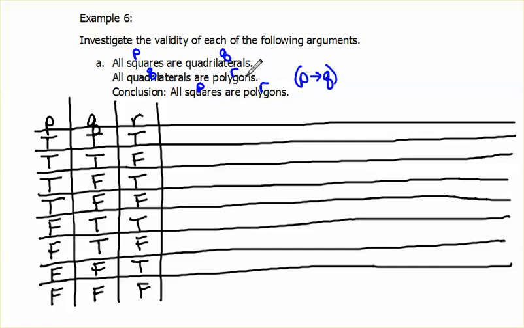When we join that together with, or we and, the second sentence, which is q implies r, then that implies that p implies r. That form is actually called a chain rule.